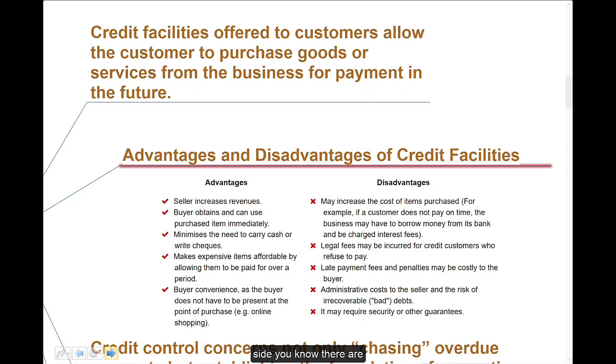There are some disadvantages. Indeed, for the customer themselves, possibly some sort of interest charge. There may be a premium for being able to facilitate a credit purchase. And for the business, second one down, credit facilities doesn't mean that everyone pays. You could incur legal costs. Some customers may not pay, or they may pay late, or they may refuse to pay.